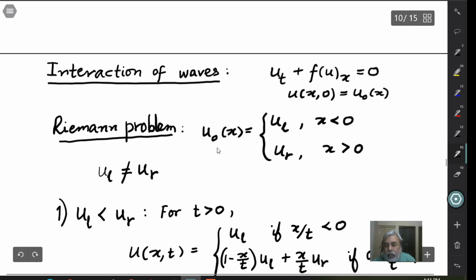We take this initial function consisting of two constant states, so we refer to them as constant states. In the previous lecture we discussed u0 equal to 0 for x less than 0 and 1 for x bigger than 0, and we obtained a solution for that problem.